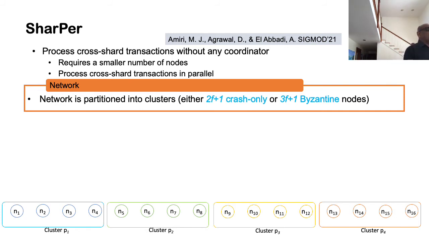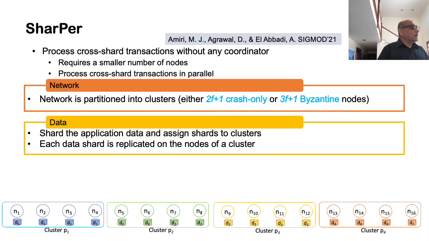And once you have that, then you know that you will overcome the issue of failures. Okay? So you partition the network into these network clusters, and then you also do the same thing with respect to your data. So the data is sharded, mapped into these clusters. Okay?